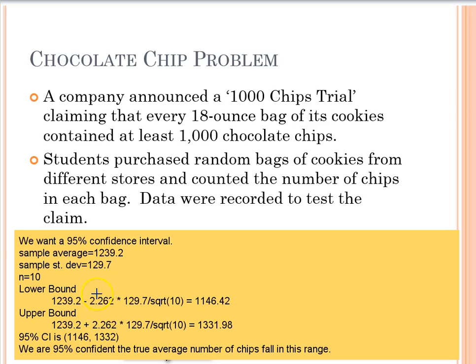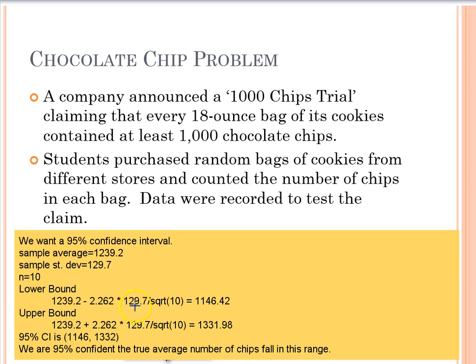The first number is our critical t, and I'm going to show you how to get that in a second. The second number is our standard error of the repeated sample averages. So we use our sample standard deviation and our sample size to construct that standard error of sample averages.